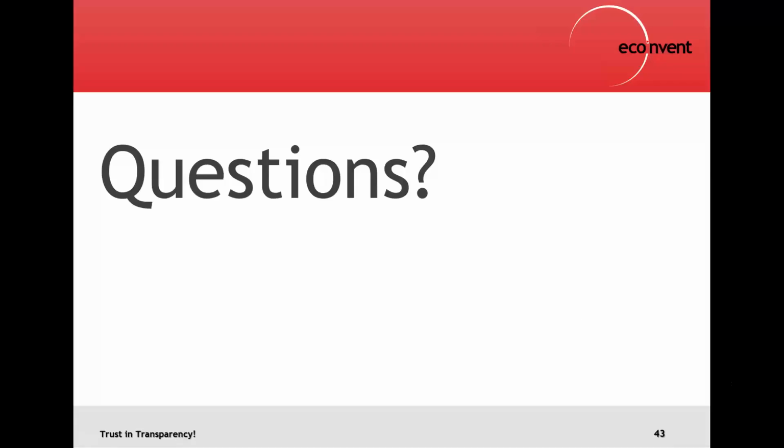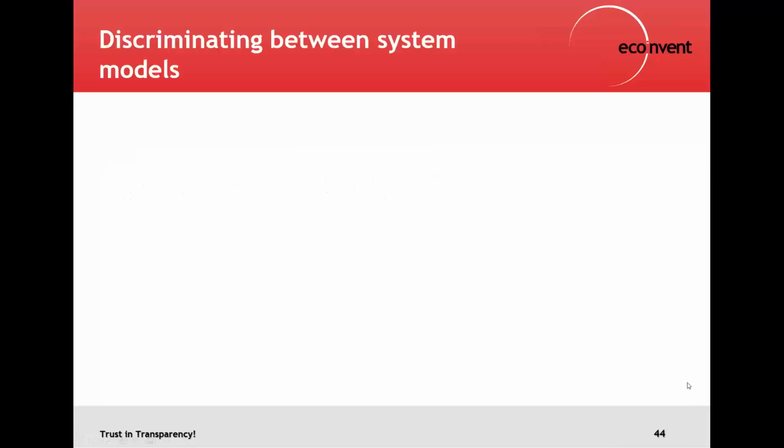Okay, good. So then I would wrap up a bit with some considerations on how to discriminate between system models, maybe some ideas on when to use what. Again, first of all, you are the one that knows your study, so you, the practitioners, are the ones that know what you need.